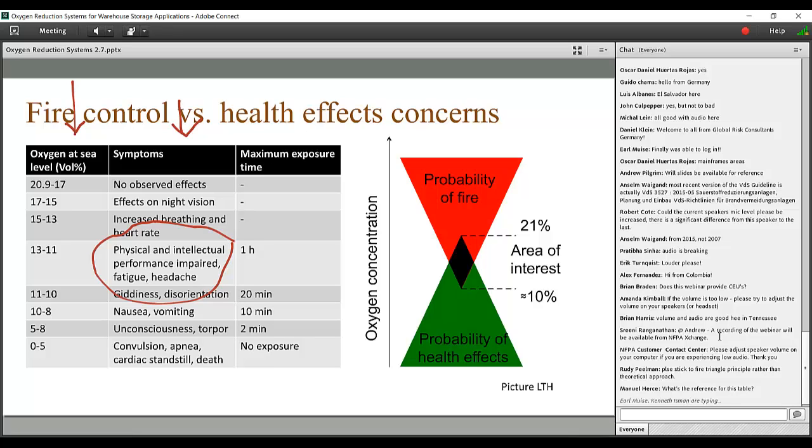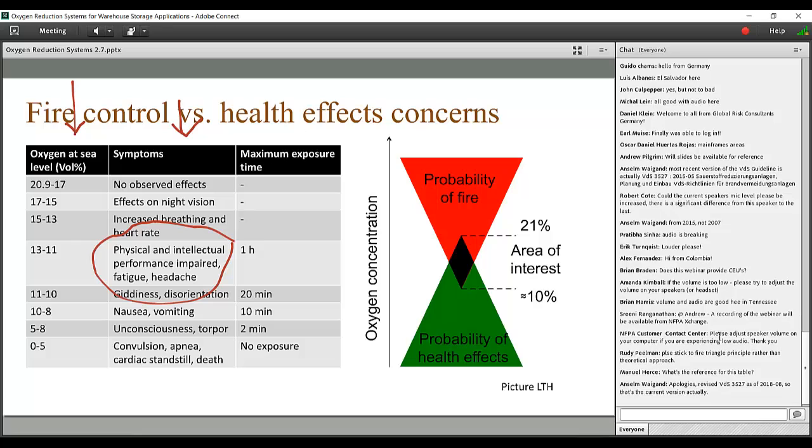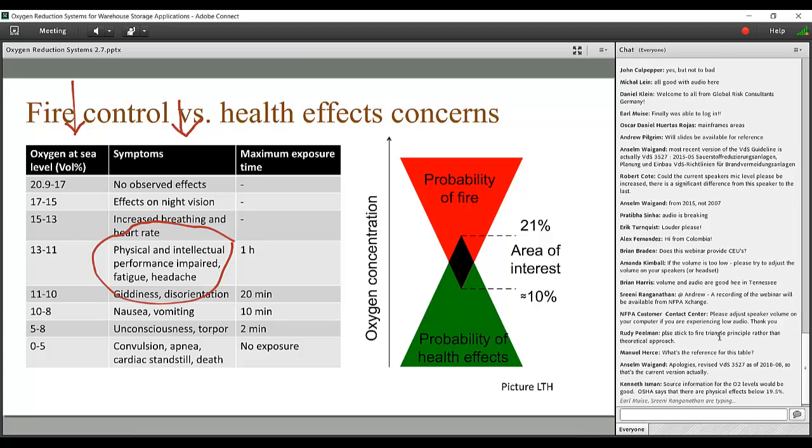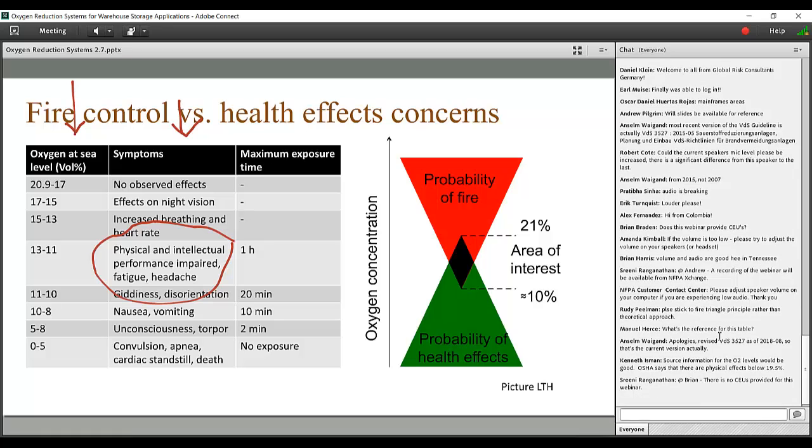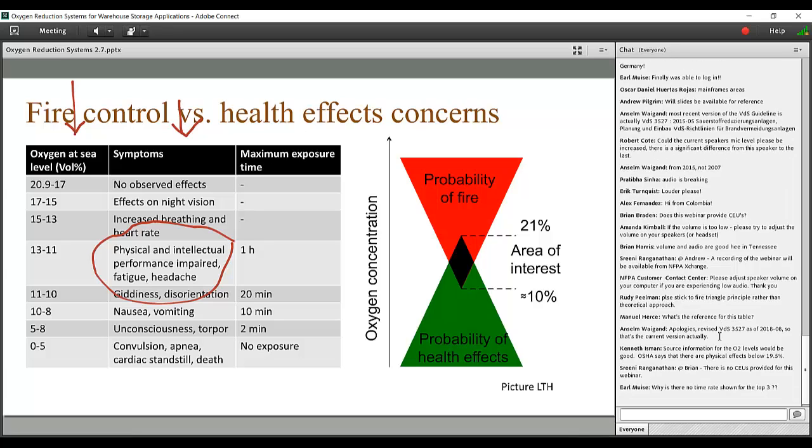And so once we started to get into that literature, we found that quite a bit of research is still needed on the medical side relative to performance in warehouses, because a lot of the studies are of people at altitude and so forth, which don't necessarily take into account people working in these environments.